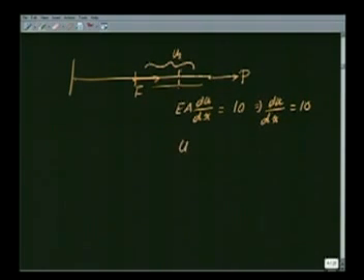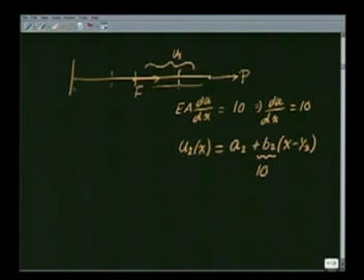So u2 of x will be equal to, I can write it as a2 plus b2 into (x minus half). I could always write it as a linear because the slope is a constant, where b2 will be equal to 10. Similarly, if I look here in this part, I will call the solution as u1.